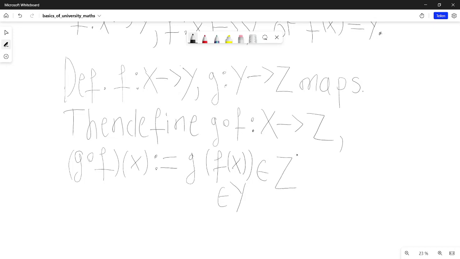So this is assigning to x, and then assigning to what we have assigned to x another thing. This is a composition. Informally, it's very simple. We go by f, and we assign to x that y for x, right?